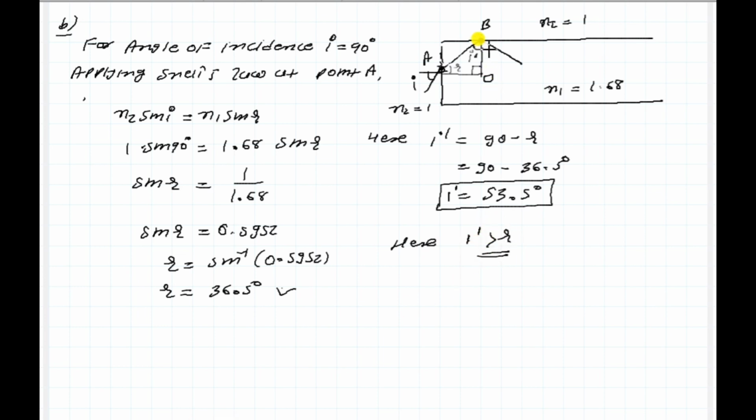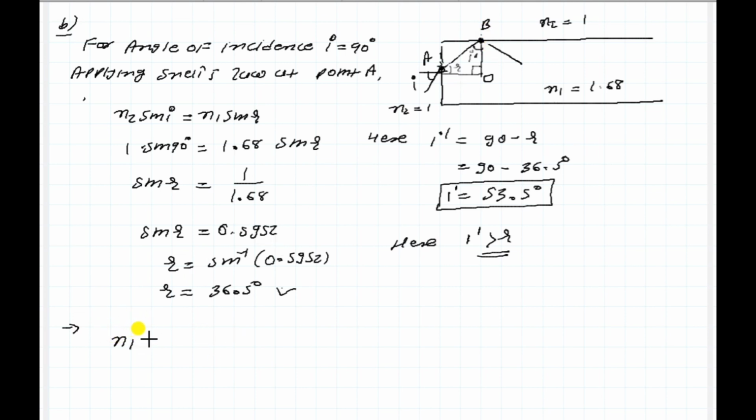Here at point B, let's find the critical angle somewhere over here. This one is an extra point, no need to write this. Applying Snell's law at point B, we will find a critical angle. We know that a critical angle is the angle of incidence at which the angle of refraction is 90 degree.